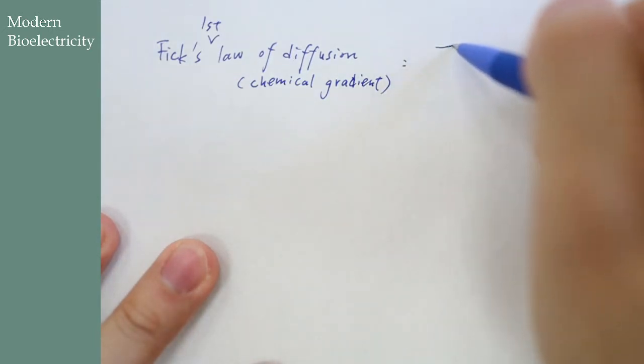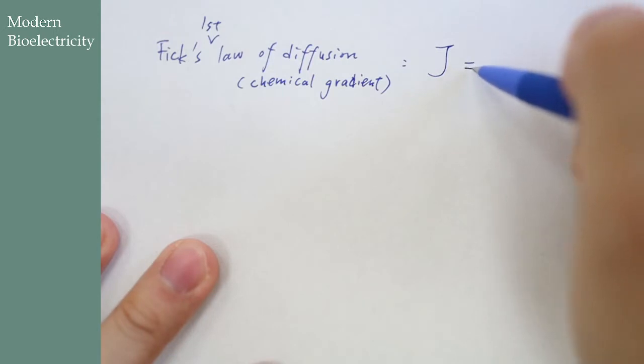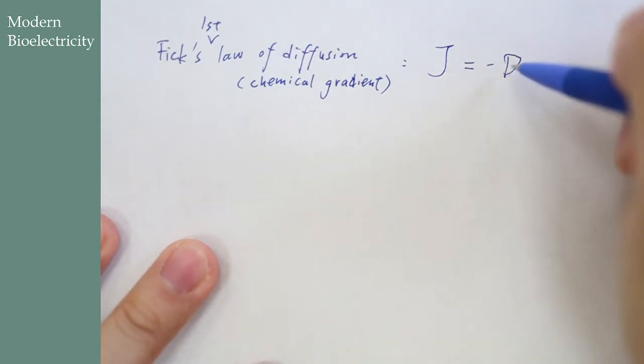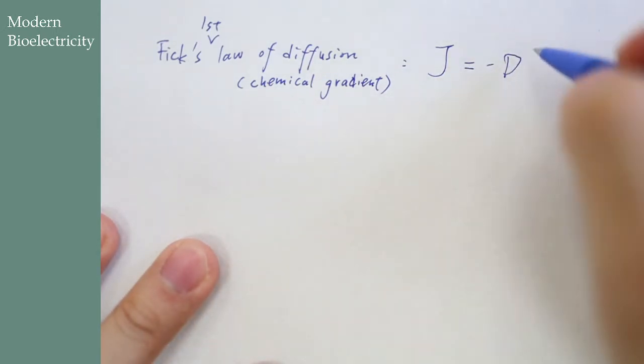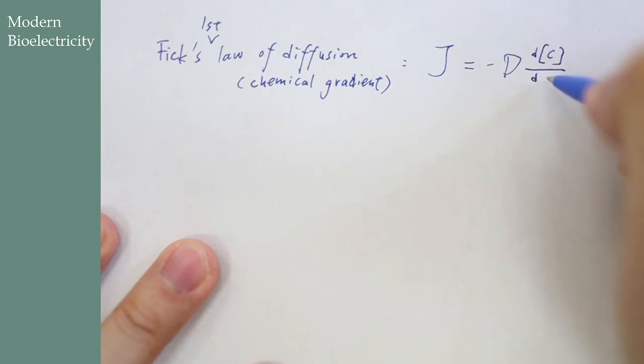The flux equals minus D times the concentration gradient, where D is the diffusion coefficient, and the gradient is the concentration difference from one side of the membrane to the other.